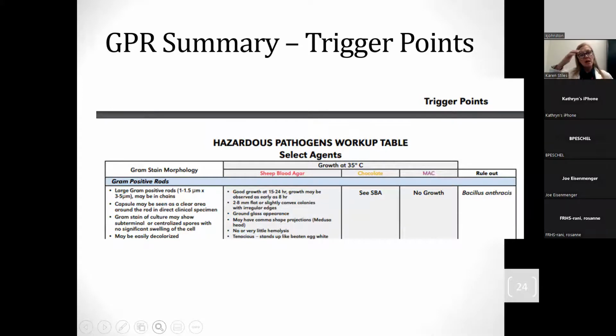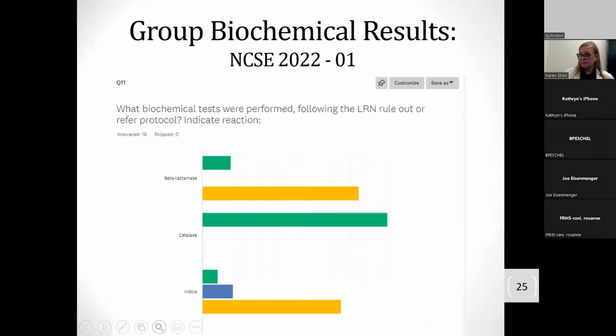So what's that mean? You've seen these weird Gram-positive rods that have these bulbous ends. They look like lollipops. They might be a little bit smaller, but if you see that, you know it's not Bacillus anthracis, because anthracis would never do that. It would stay boxcar shaped. It would never change the size of the cell. But it does decolorize easily, so the one person who said that, it would make sense.